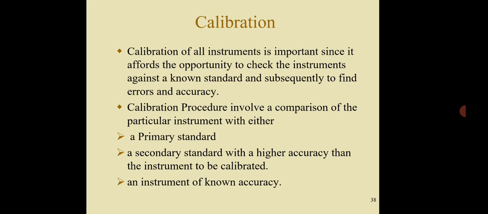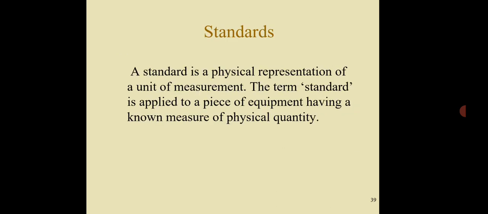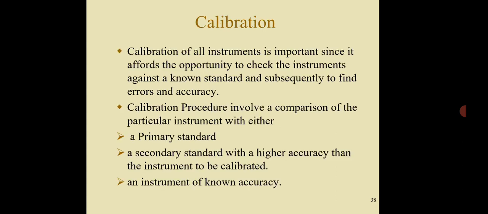Based upon that, I will change or adjust something. Like if some instruments have screws, I will move or tighten that screw. By that you calibrate your instrument. So this is your calibration.